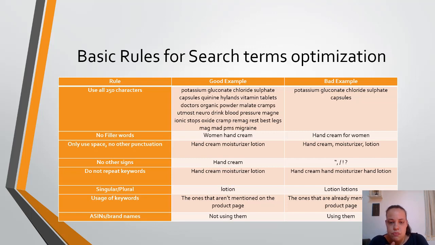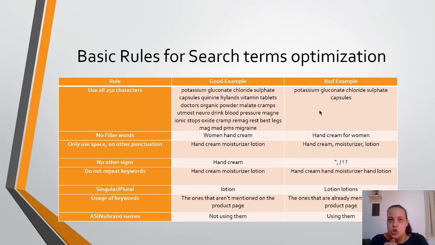Also, regarding usage of keywords, like I mentioned at the beginning of this video, make sure to use the keywords that weren't mentioned on the page already. Otherwise, you'll be wasting them. They'll be considered duplicates as well. And basically, if you use them twice, sometimes you won't have a choice. So it's better to add it to the backend than to leave it empty, like in this example over here.